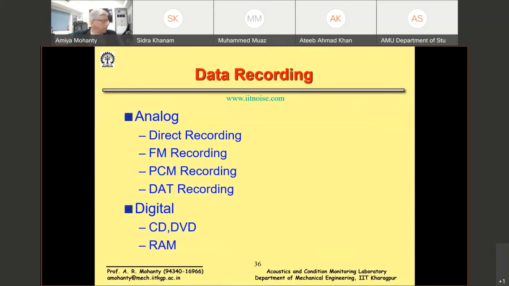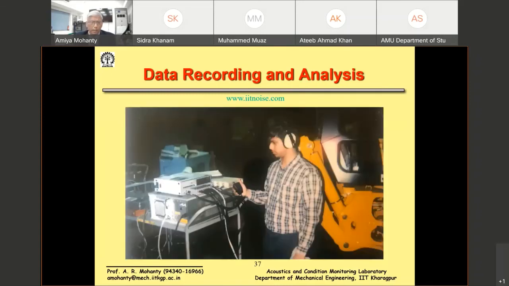They were the size of a desktop. Maybe I'll show you a figure. Yeah, this is one HP analyzer. This is from when I was a student in the US. I'll just give an example. We were doing this measurement of a John Deere backhoe loader in their Dubuque plant in Iowa, in the USA.